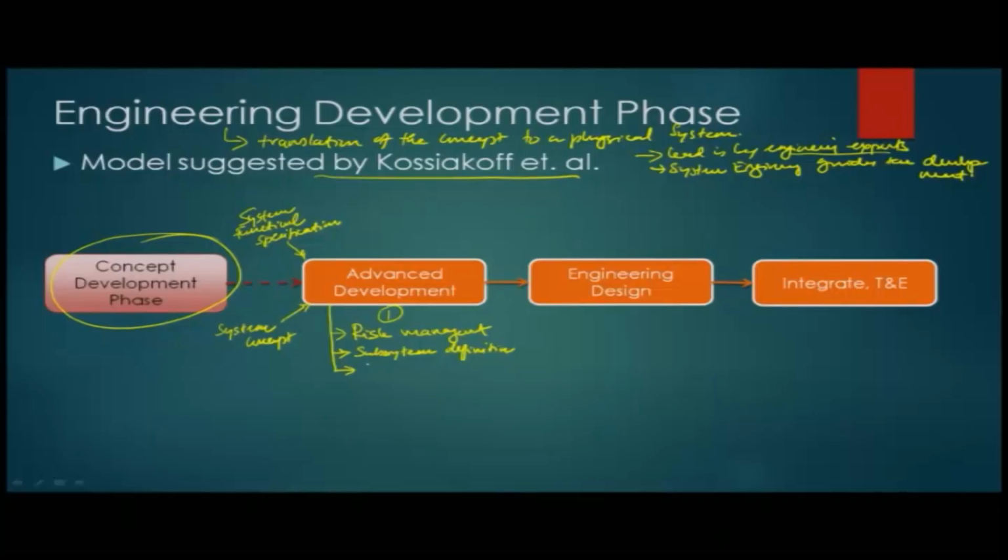We talked about the systems engineering approach as an iterative and recursive process, where subsystems are iteratively developed or specified, keeping the functional requirements of the whole system in mind. So, subsystem definitions come out as part of this, and the third part will be component specifications.